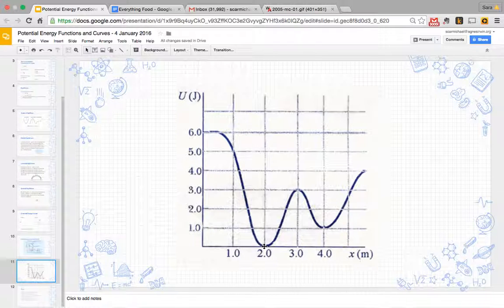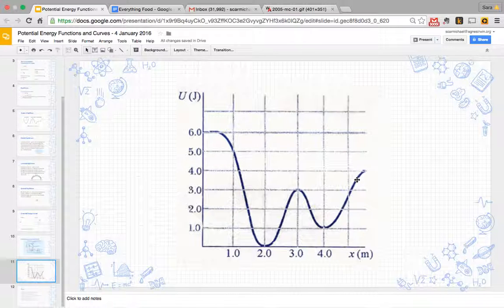If an object starts off at x equals 2 and we give it, let's say, 3.5 joules of kinetic energy, well, then it's going to have 0 joules of potential again, because that's the potential energy at x equals 2, plus 3.5 means it could go all the way up to here, and it could break free of this trough that it's stuck in and make it all the way over to about here.